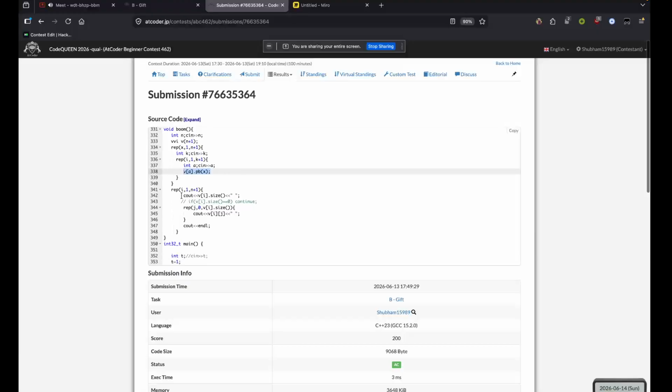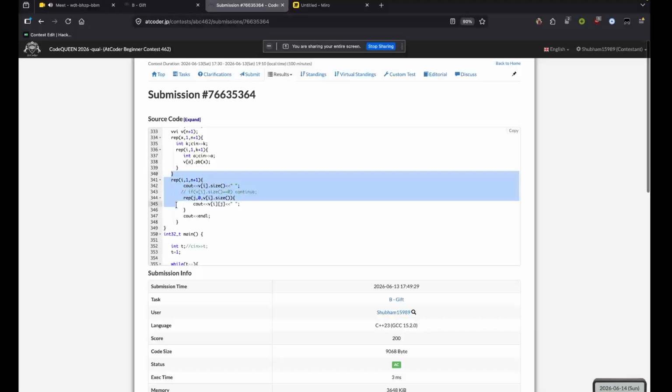And while printing, first we print the size of the array, and then we can print this easily. I hope this question is clear.